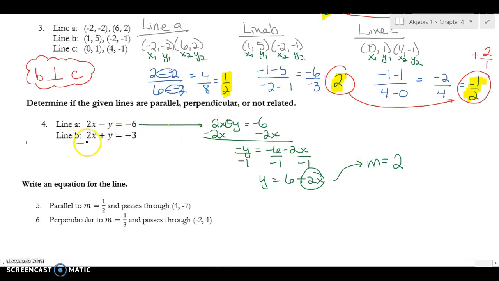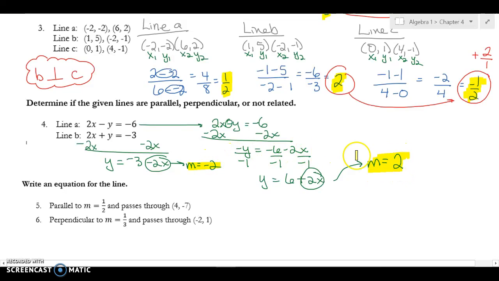Now I need to do this one. I'm going to minus 2x on both sides, and I get y is equal to negative 3 minus 2x. For this one, my m is negative 2. So I look at my slopes: a negative 2 slope and a positive 2 slope. Parallel slopes stay the same.